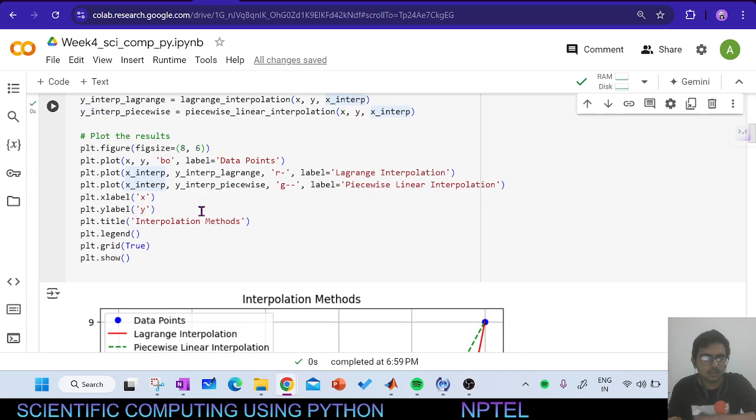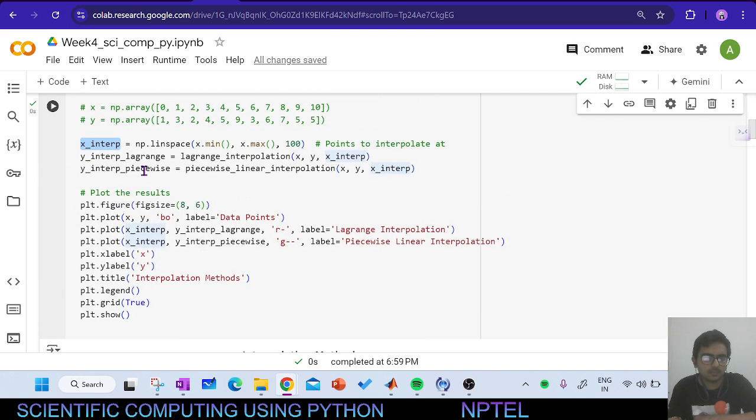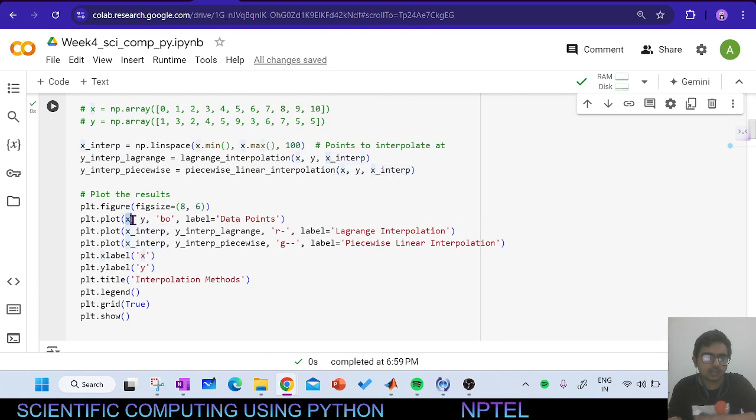Okay. And then we plot both of them. So first we plot x and y. These are the data points that are given. And this 'bo' means blue and o means a dot. So you get a scatter plot with blue dots, and we labeled it data points. Similarly, for Lagrangian interpolation, we use a red dashed line.